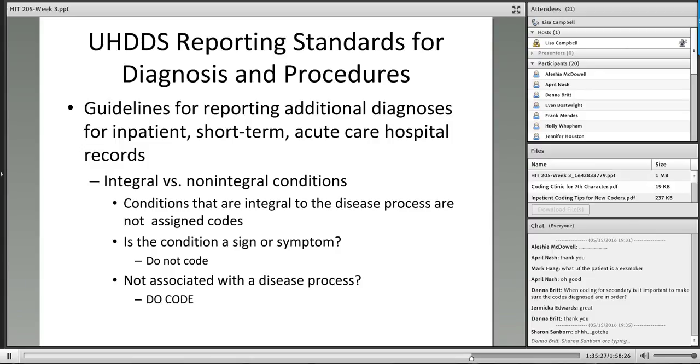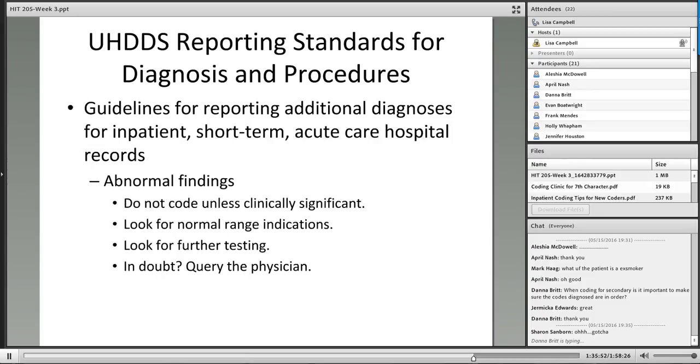The patient has nausea, vomiting, diarrhea, and they have gastroenteritis. Yes, those are signs and symptoms, so no, we wouldn't code it. So what you guys want to make sure you do, if you have not done so, is take out that book from your disease class and relearn the signs and symptoms for the different diseases.